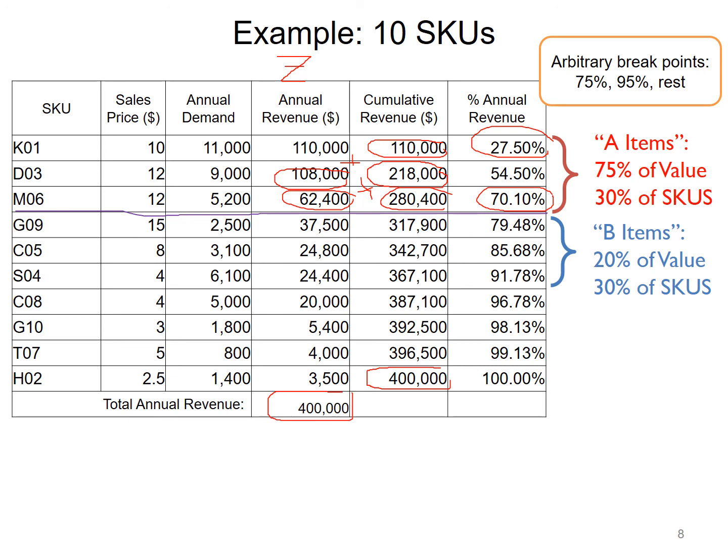The 95% breakpoint means we're going to stop at this point here. Again, just 3 SKUs, so 3 out of 10, 30%, capture 20% of the value. So 95 minus 75, that's 20%. And then we're left with the remaining C items. These 4 SKUs, which make up 40% of the SKUs, only capture 5% of all of the annual revenues.